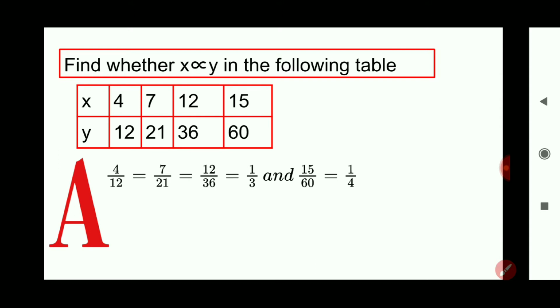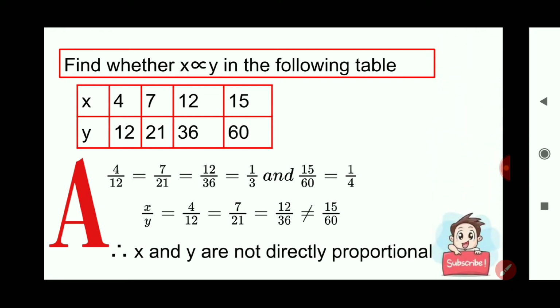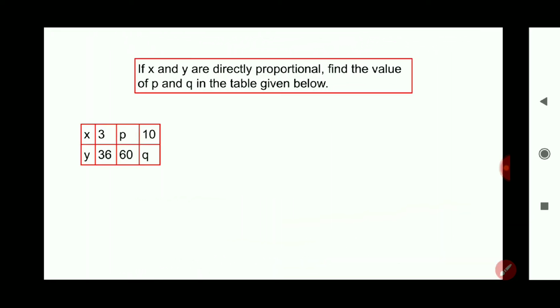But the last column, 15 by 60 is equal to 1 by 4, not equal. Hence, we can tell that x by y is equal to 4 by 12 is equal to 7 by 21 is equal to 12 by 36, not equal to 15 by 60. Hence, x and y are not directly proportional.